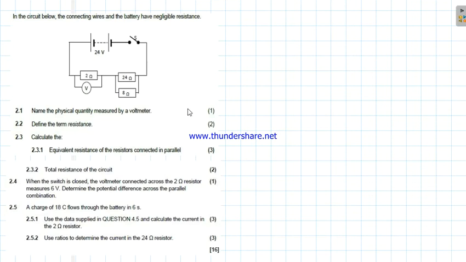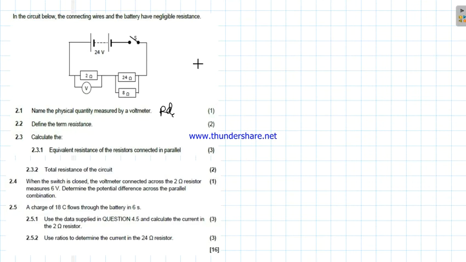We said that is a potential difference across the resistor. Okay, so it's the potential difference. Then the other question says define the term resistance.